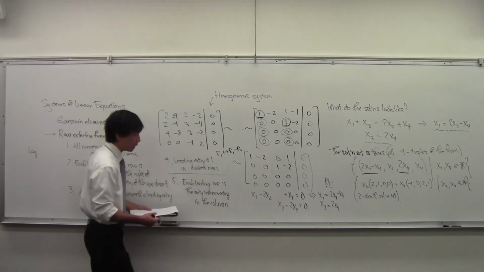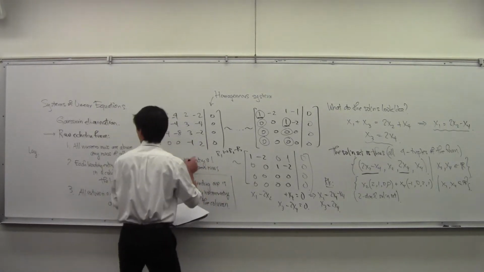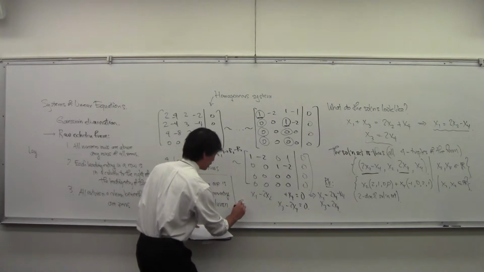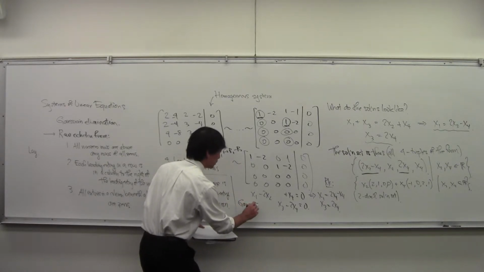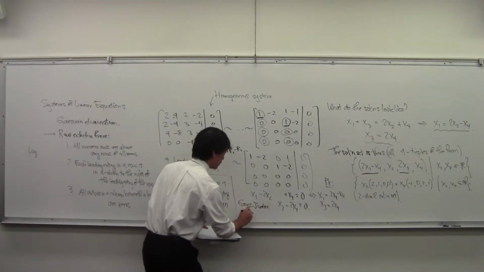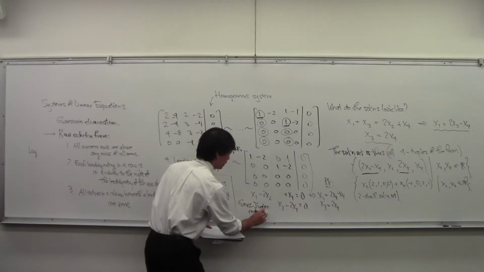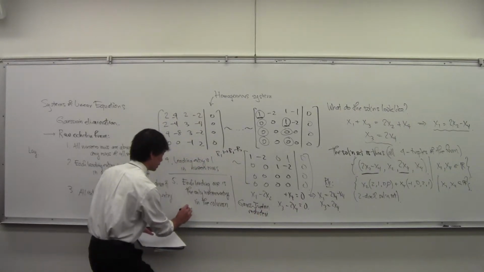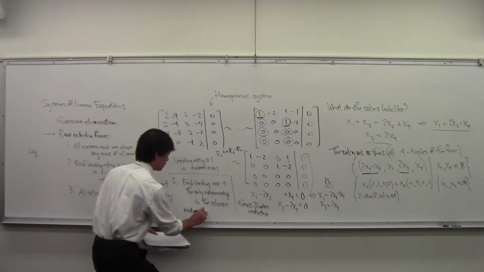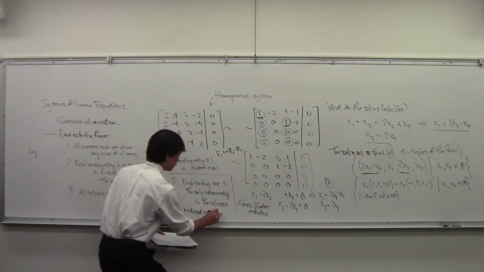If you do this last step, then the process is called Gauss-Jordan reduction, and this form is called reduced row echelon form.